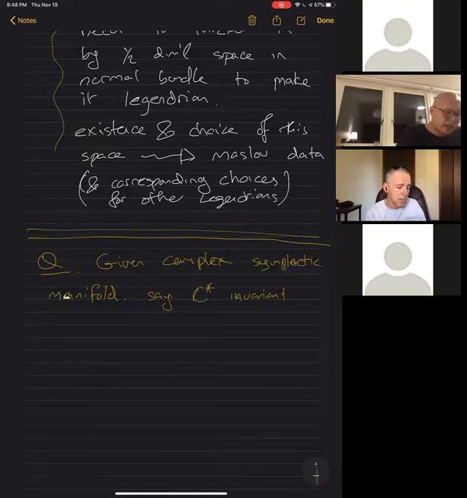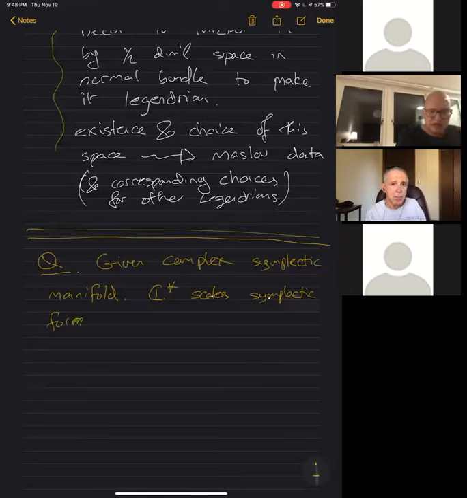I mean, C star scales the symplectic form; I shouldn't say invariant. The typical situation is C star scales the symplectic form. Basically, most examples of interest to geometric representation theory are of this kind. For example, a conical symplectic resolution, or let's say a Hitchin system.